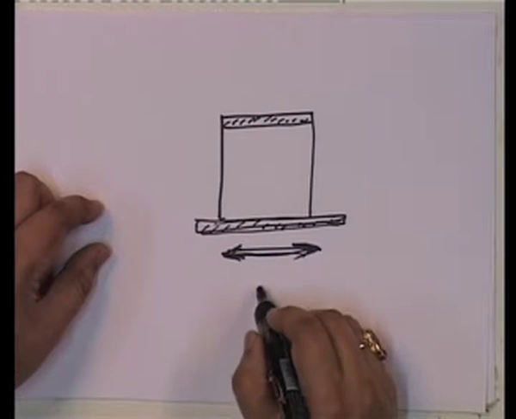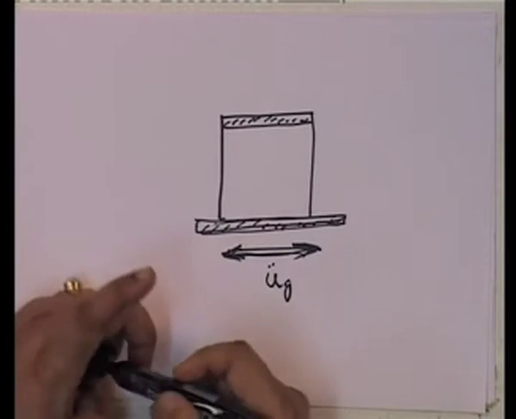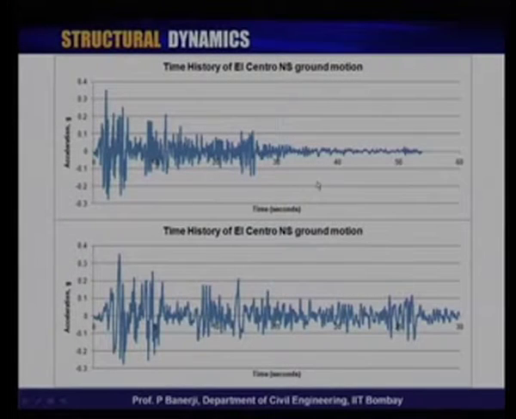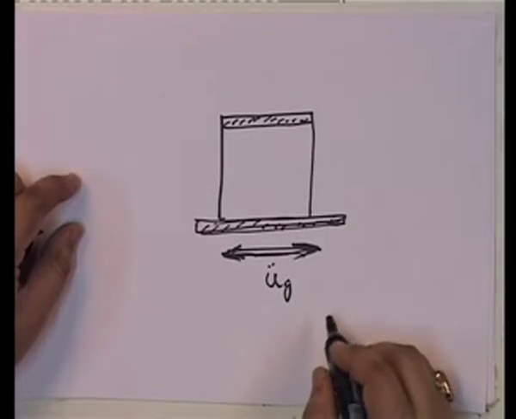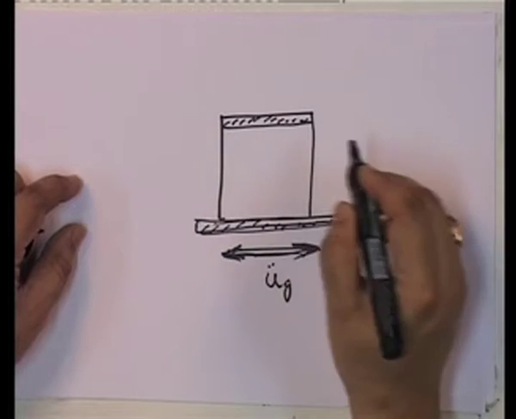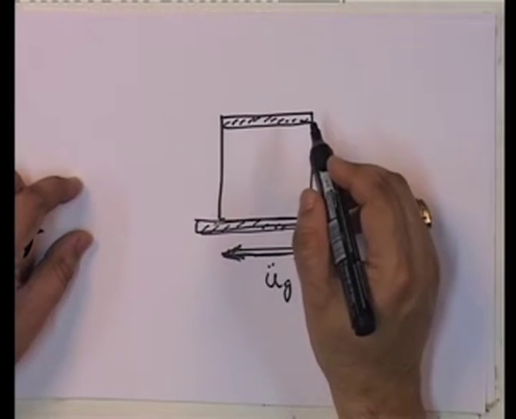And this is what is given as the acceleration time history, u double dot g. Okay. So, if you have this, then the equation looks like this.